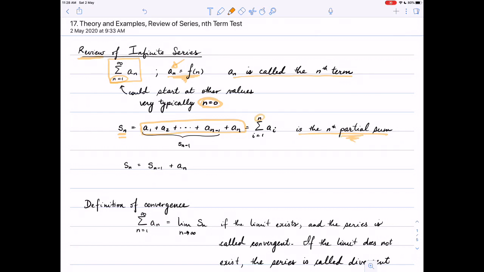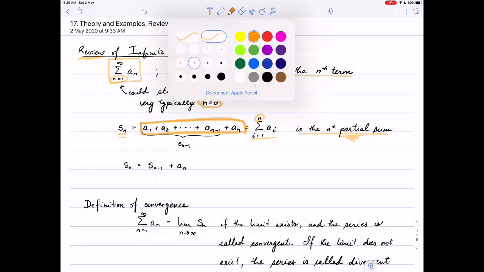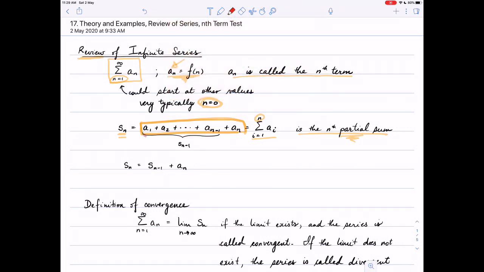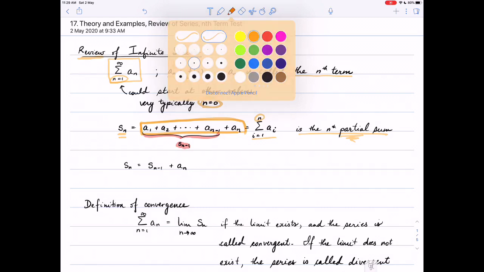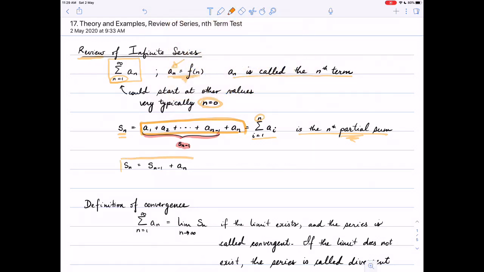So we had the sum from i equals 1 to n of a sub i as the sigma notation for this sum here. And if you take just the first n minus 1 of them, then this is s sub n minus 1. And so we had this relationship: s sub n is s sub n minus 1 plus a sub n.